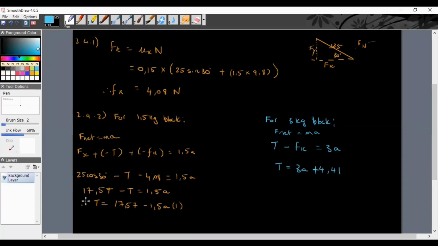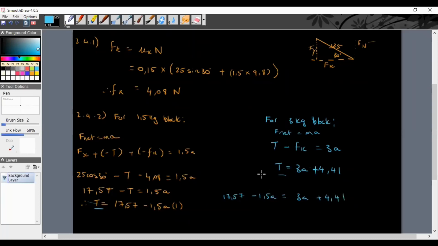Because we've got T equal to both things here, we could just equate them to each other. So for the new equation, therefore, 17.57 minus 1.5A is equal to 3A plus 4.41.